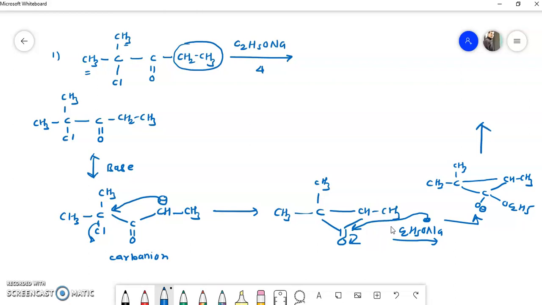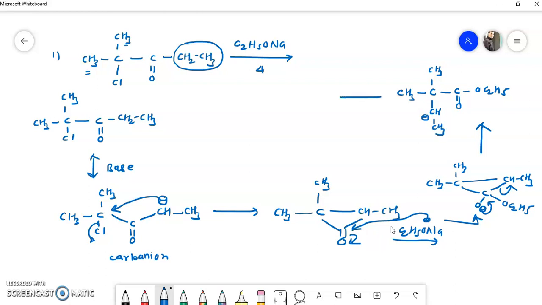In the further step, this negative charge comes here and this bond goes here. So there is a formation of again this intermediate CH3, CH3, C double bond O, O, C2H5, and here there is a CH negative charge, CH3.